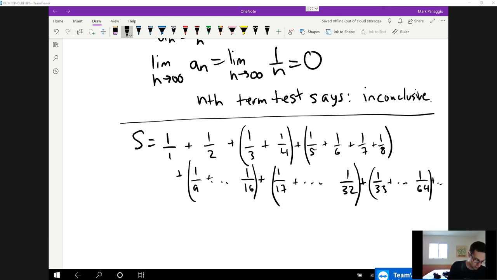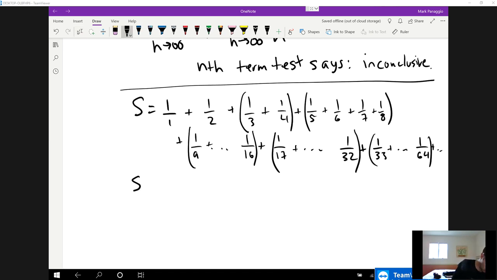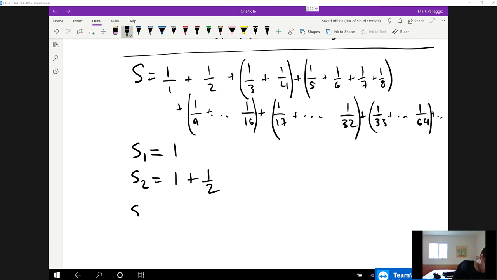Okay? All right, so let's think about what would happen if we stopped after just one term. After one term, we just have a total of 1. After 2 terms, we have 1 plus a half. Now, the next 2 terms, 1/3 and 1/4, of those two, 1/4 is the smallest.